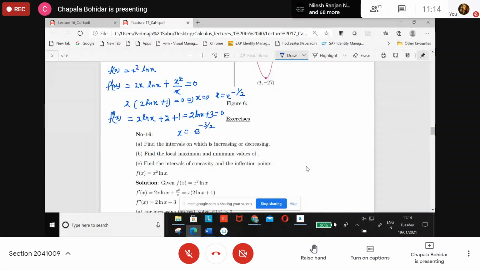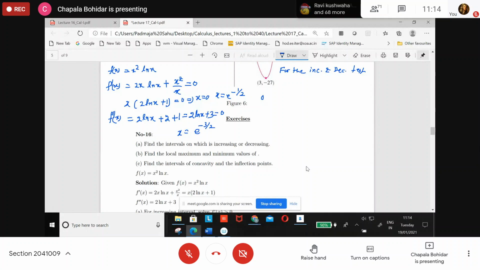Then for the increasing and decreasing test, what do we write down as our interval? Tell me. The domain is greater than 0.